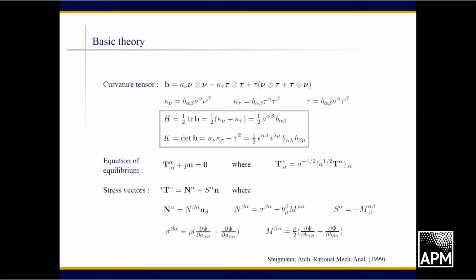And the stress vectors, T alpha going from 1 to 2, can be decomposed into a tangential part, N alpha, and a transverse part, S alpha, which is associated essentially with transverse shear tractions acting on the surface. And these arise from bending effects. So they're balanced by essentially a divergence in the surface of a bending stress.